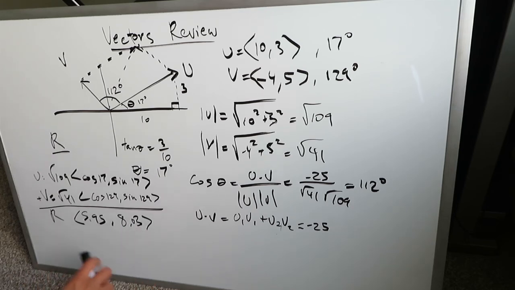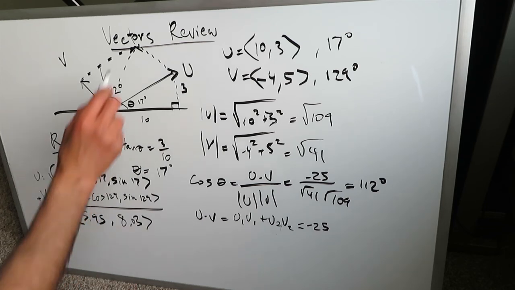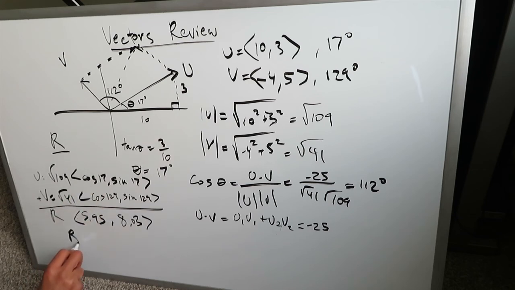Before we actually take this as our acceptable answer, we should recheck our work. 17 cosine times square root of 109 plus 129 cosine times square root of 41. This looks good. Let's do the sine version. 17 sine multiplied by square root of 109 plus 129 sine times square root of 41. Looks good. 8.03.